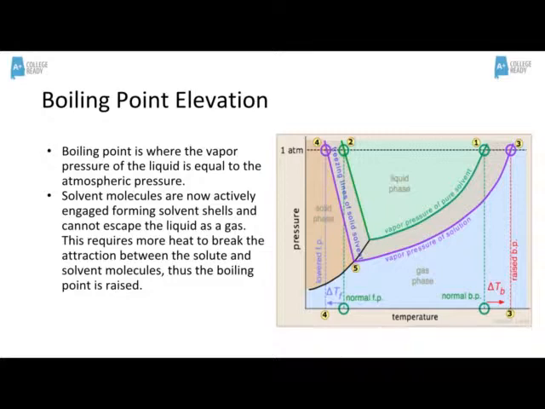Boiling is when we get something to a high enough temperature that it changes from a liquid to a gas. Because those solvent molecules are busy, it requires more energy to get the solvent to boil. It requires more heat energy, so therefore the boiling point is raised.